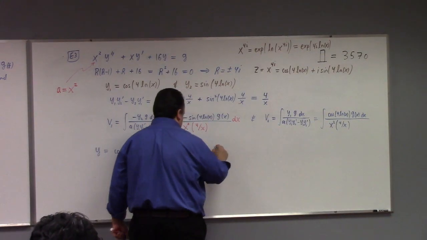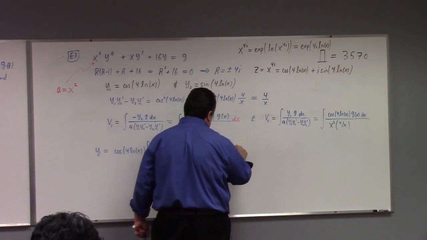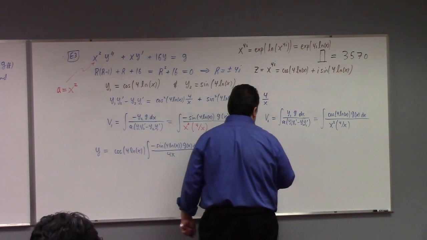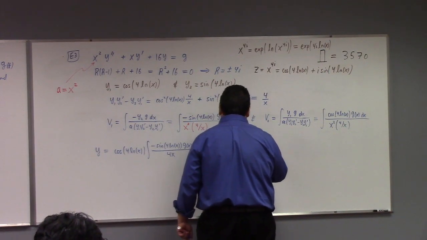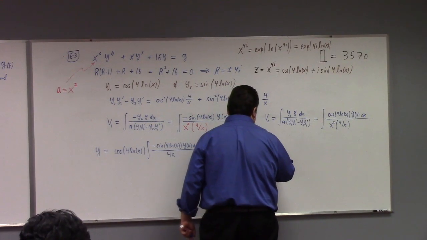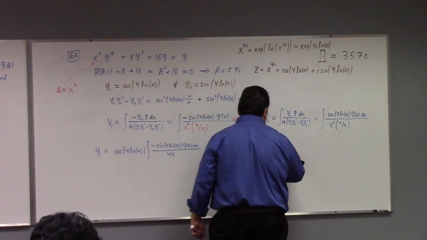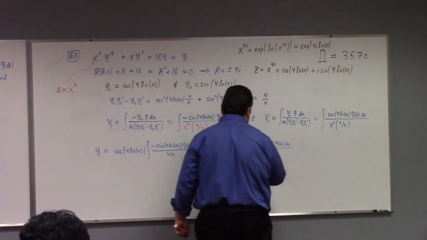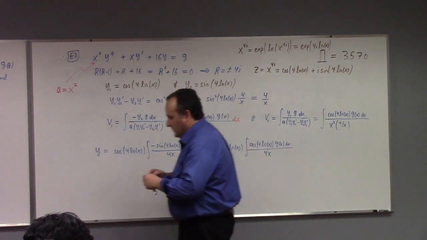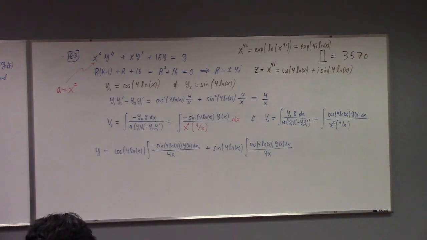And then plus the sine of 4 times natural log of x, the integral of the cosine of 4 log x times g of x dx, all divided by 4x. And there you have it. That is the integral solution to this problem, all right?